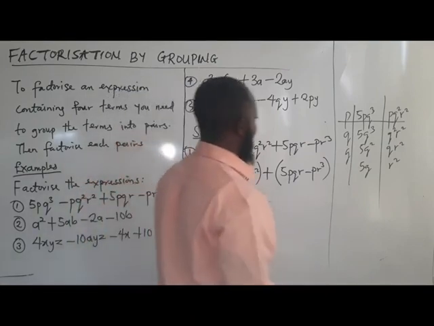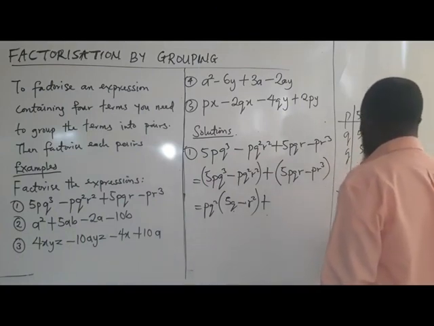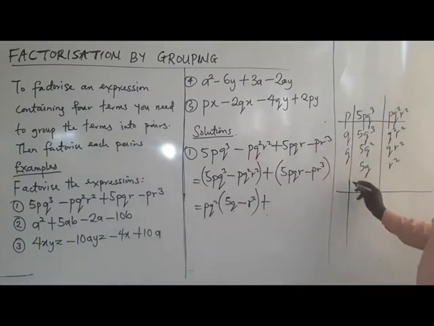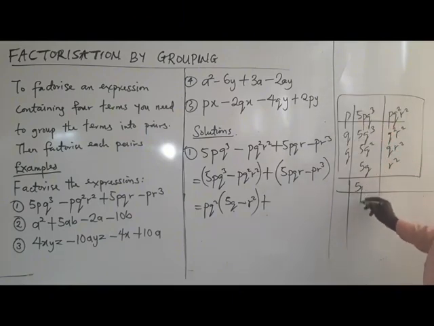Plus the second one, we do the same thing. We work it out as well: 5pqr, then pr squared q. P is common first, then we have 5qr left, then r squared q.